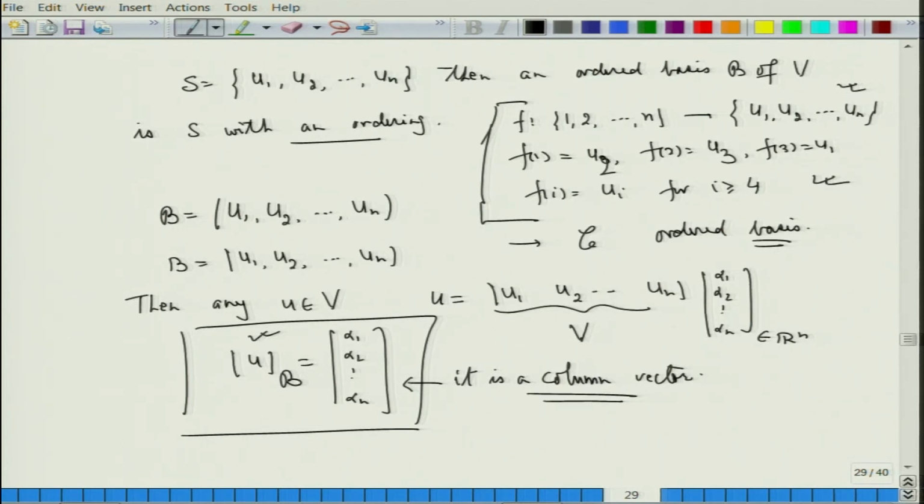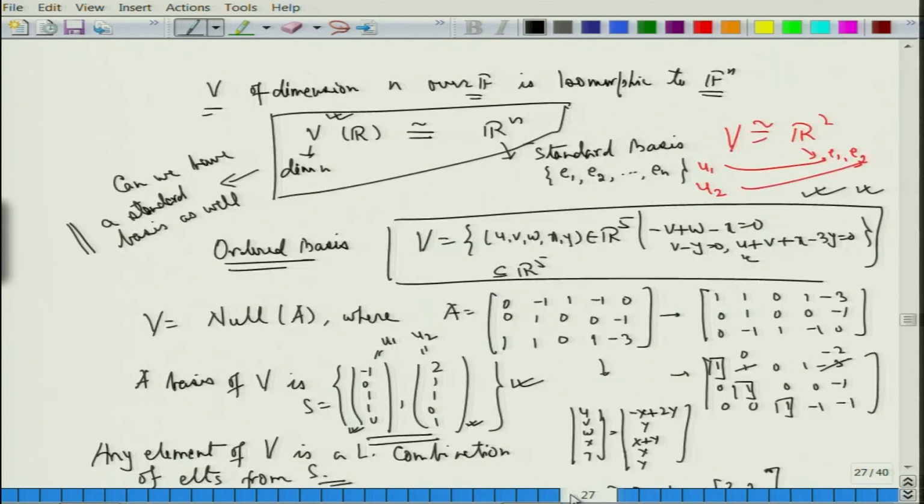So, for example, just look at the previous example. The basis was wrong, but if you want to write, say, the previous example, let us pick a vector which will give me this plus this. So let me write it as 2 1 1. All right.